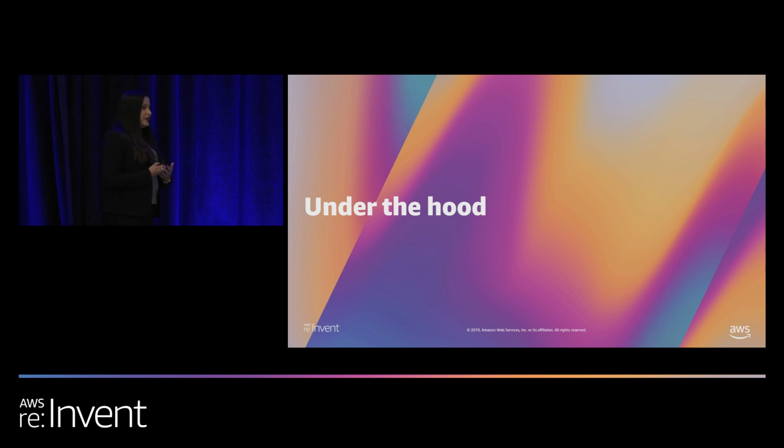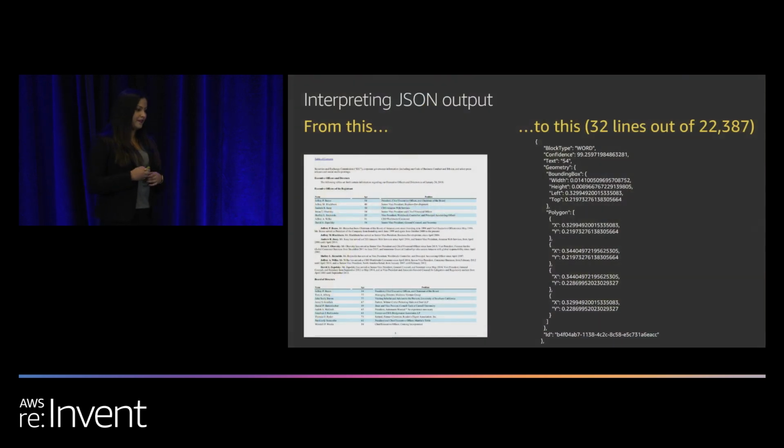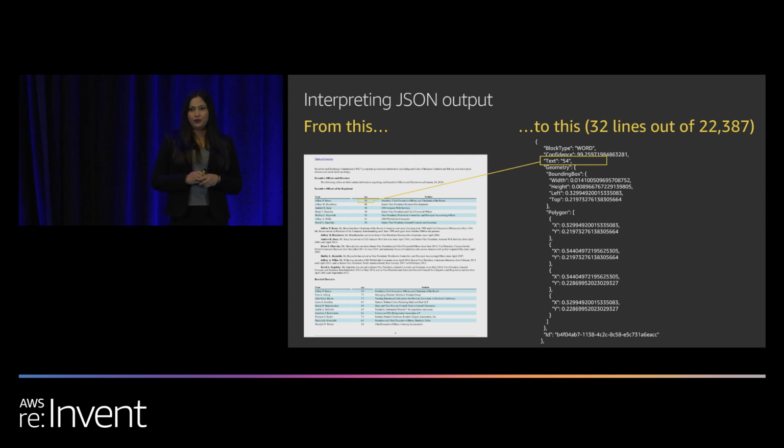Now let's take a peek under the hood of Amazon Textract and answer some of the questions that our customers ask us as they take their POC to development and then production. The first is how to make sense of the JSON output, because there's a lot of it.